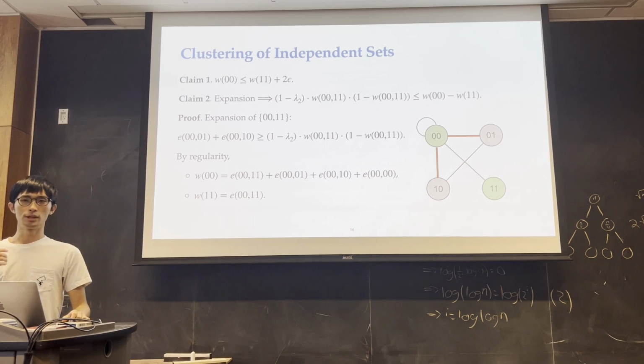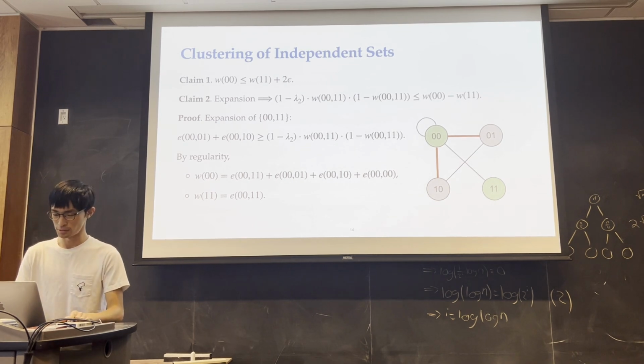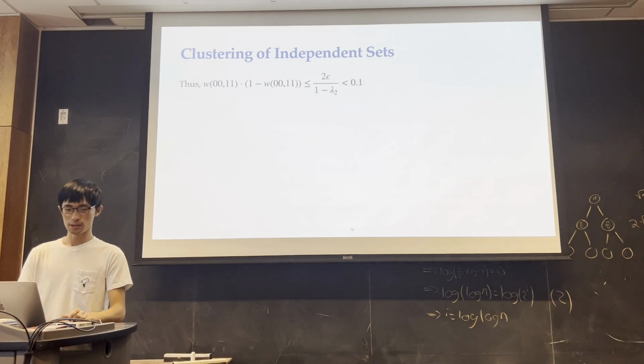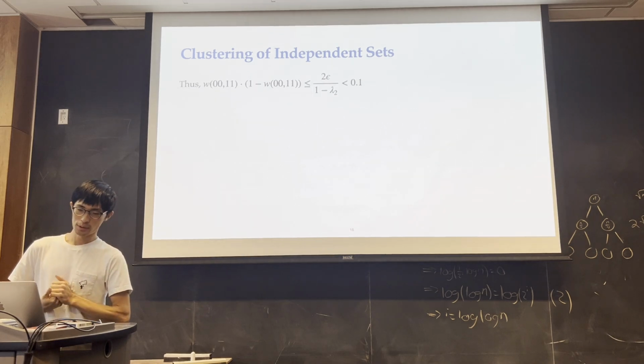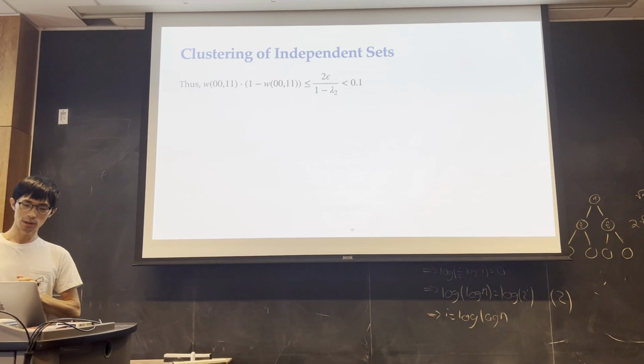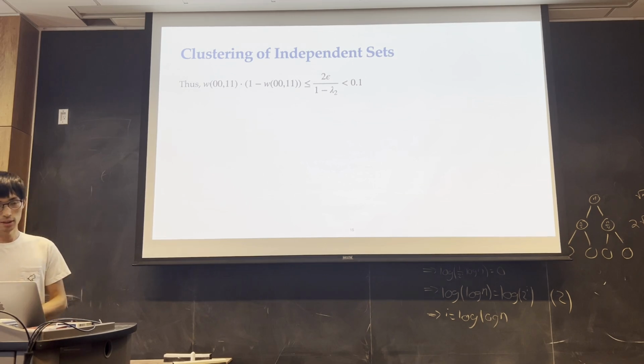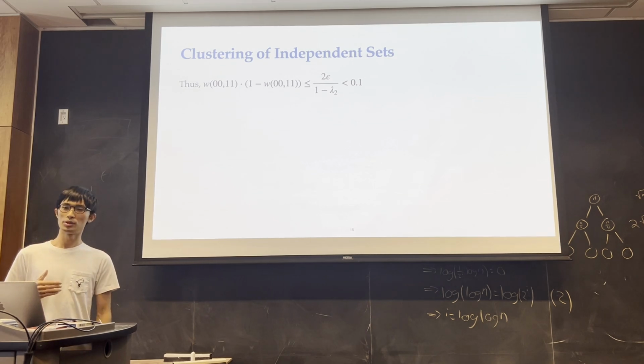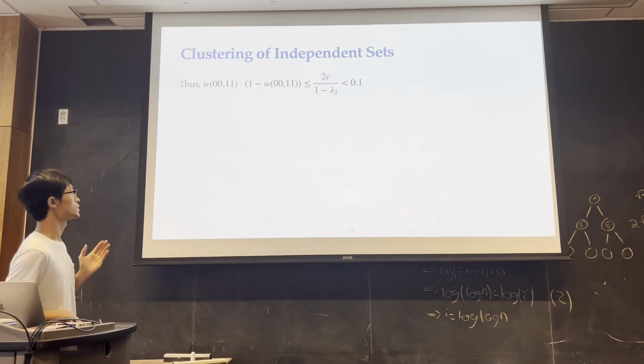Now we want to combine these two claims to get our result. By rearranging, the weight of 0, 0 union 1, 1 times the complement is at most 2 epsilon divided by 1 minus lambda 2. When lambda 2 is at most 1 minus some constant, let's say 20 times epsilon, then this is at most 0.1.